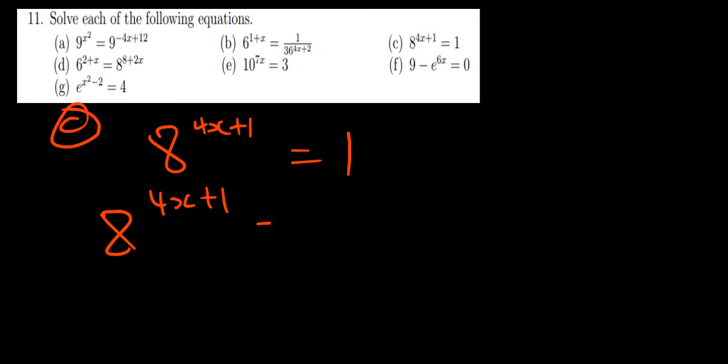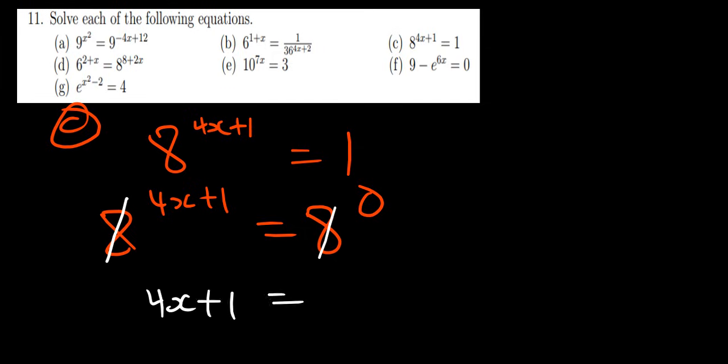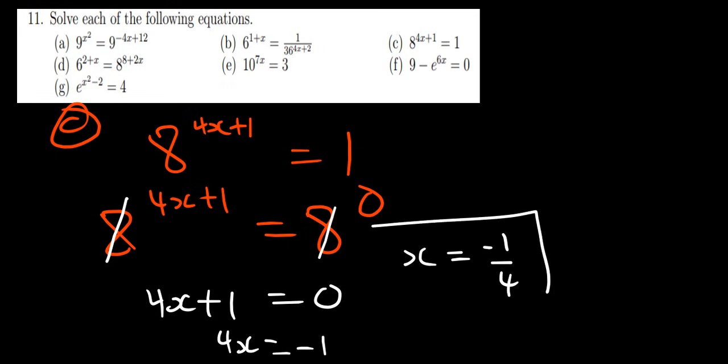So we're going to represent this 1 as 8 to the power 0. Okay, so since we have the same base, we're going to say 4x plus 1 is just equal to 0. So this will be 4x equals minus 1, which will just be x equals minus 1 over 4. So this one here will be our final answer. So that one is very simple.